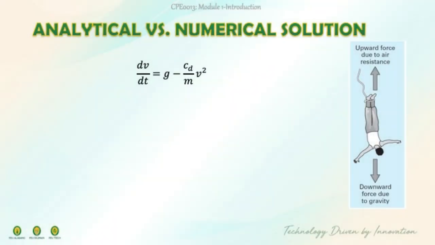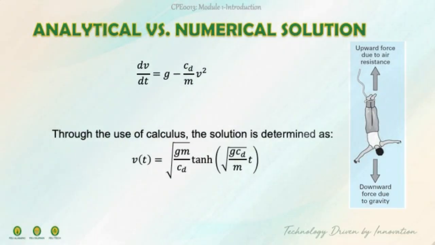For example, if the jumper is initially at rest, which is v equals 0 at t equals 0, calculus can be used to solve that equation for v of t: square root of gm over cd, tangent hyperbolic of square root of g multiplied by cd over m, multiplied by t.